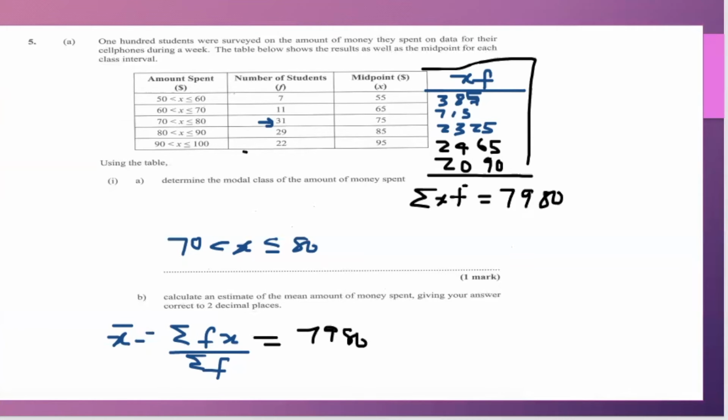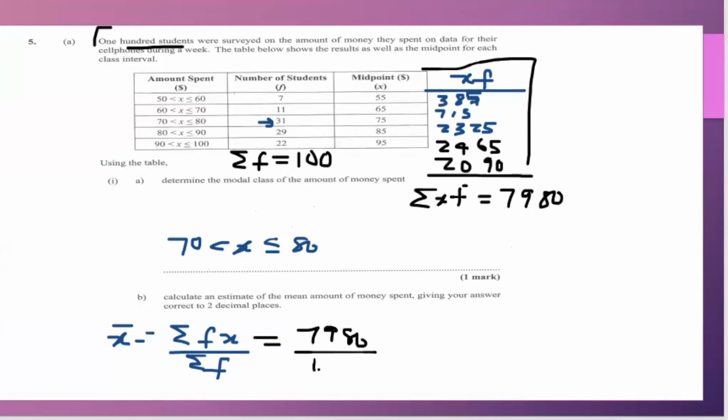Now, sum of F is coming from here, but we were already told that we have 100 students, so this should add to 100. But if you don't want to use the information here, you can add 7 plus 11 plus 31 plus 29 plus 22, and you'll still get 100, but it was already given. So the sum of F is 100.